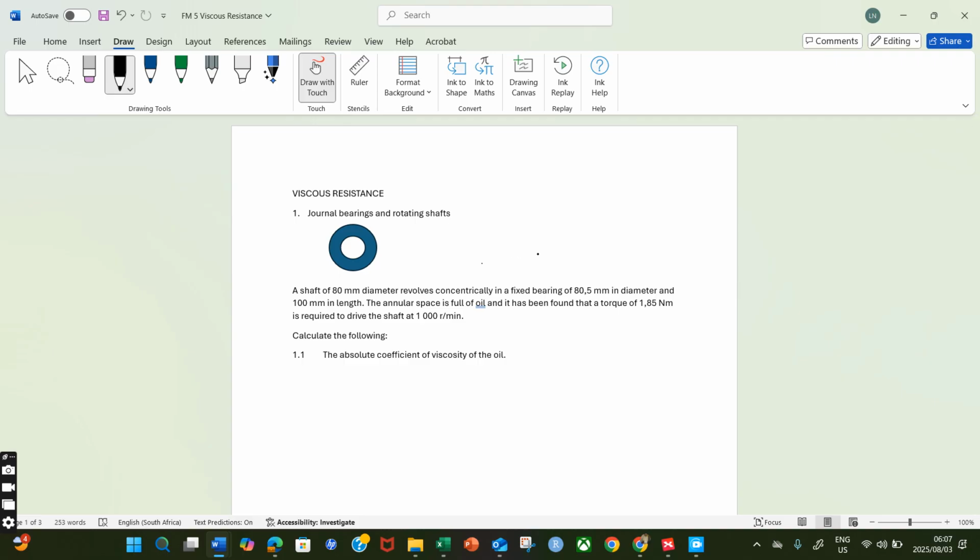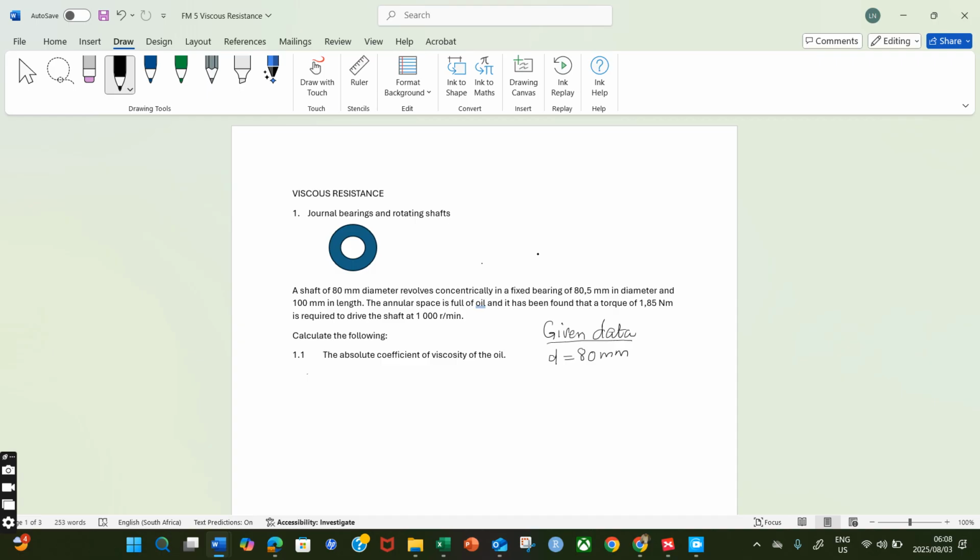We are given the shaft diameter. I'll just write it there. We say, okay, our given data, first is the diameter of the shaft, which we'll represent by a small d of 80 millimeters.